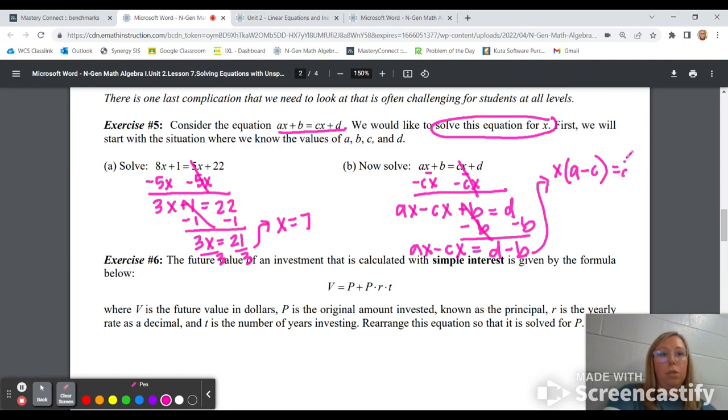Still equals d minus b. And since this is multiplication and I'm trying to get x all by itself, my final step is going to be to divide both sides by a minus c. So x is equal to d minus b over a minus c.